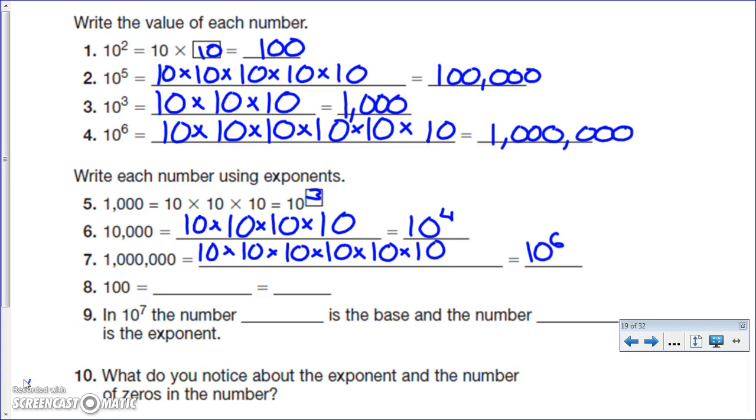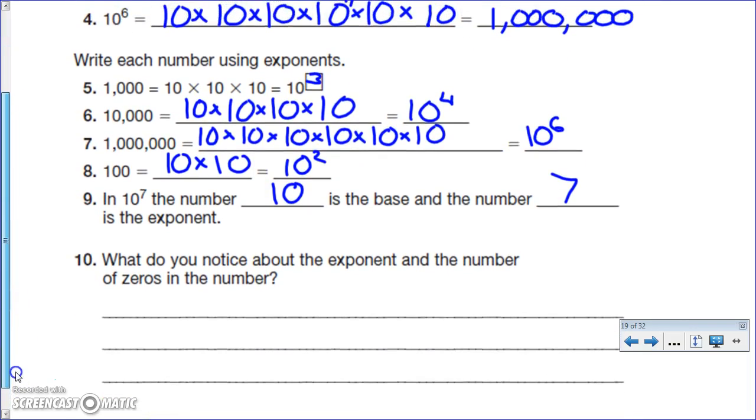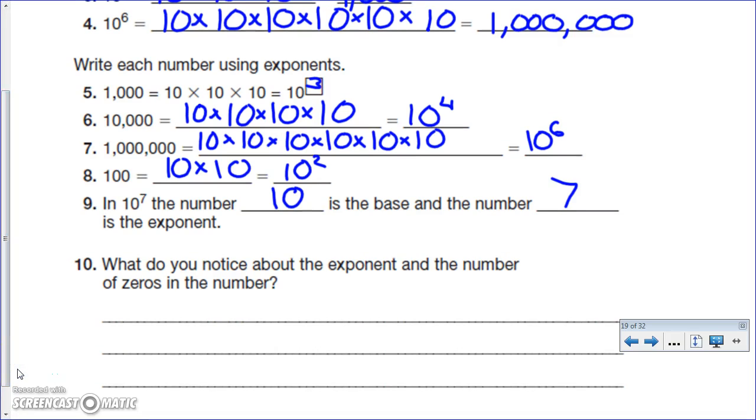Then we have 100, which has 2 zeros, so we have 10 times 10, and then 10 squared, or 10 to the second power. So in 10 to the 7th, the number 10 is the base, and the number 7 is the exponent. And like we've already discussed, the exponent equals the number of zeros in the number.